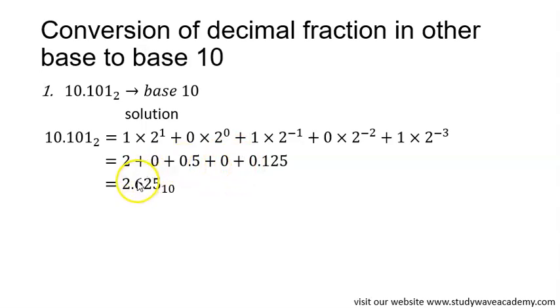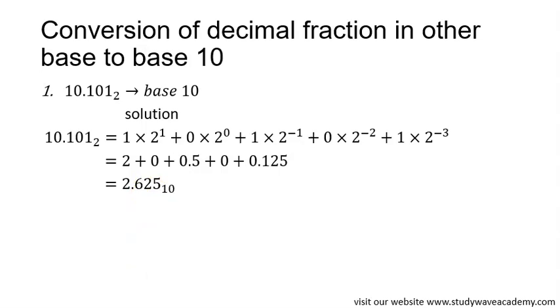So you write out 0.625, and your answer is 2.625 base 10. So this number in base 2 is the same as this number in base 10. Do you understand that, right? Good.